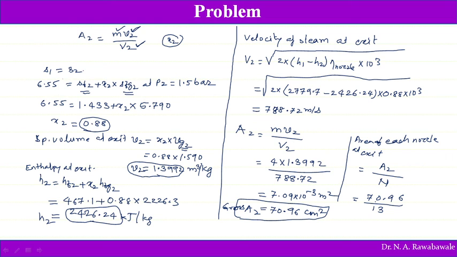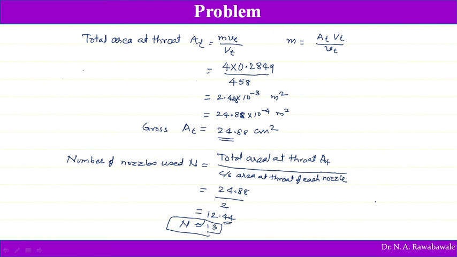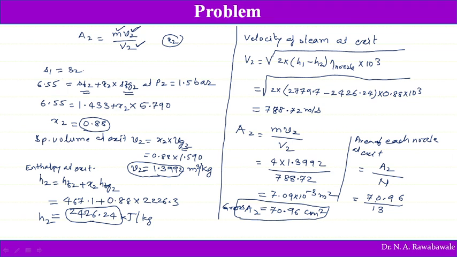70.96 divided by the actual number of nozzles, which was 12.44, I think 12.44. So we can write here 12.44 instead of 13. Dividing by 12.44, we get 5.7 centimeter square as the area at exit for each nozzle.